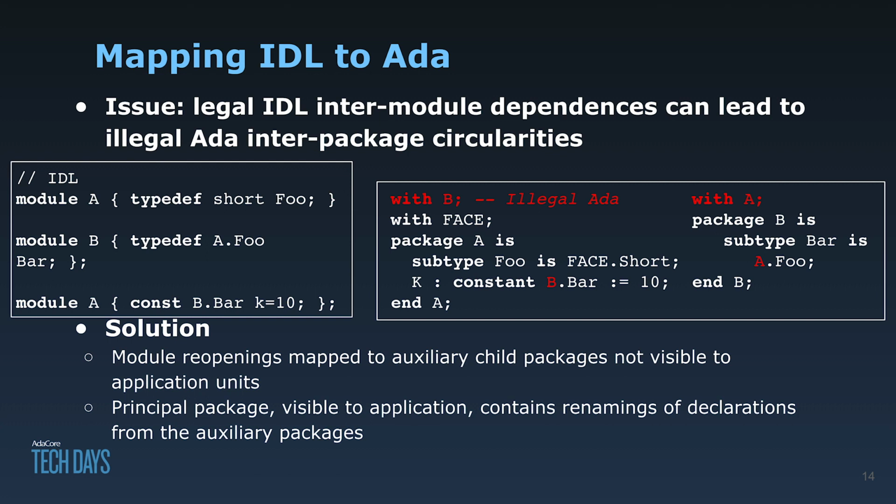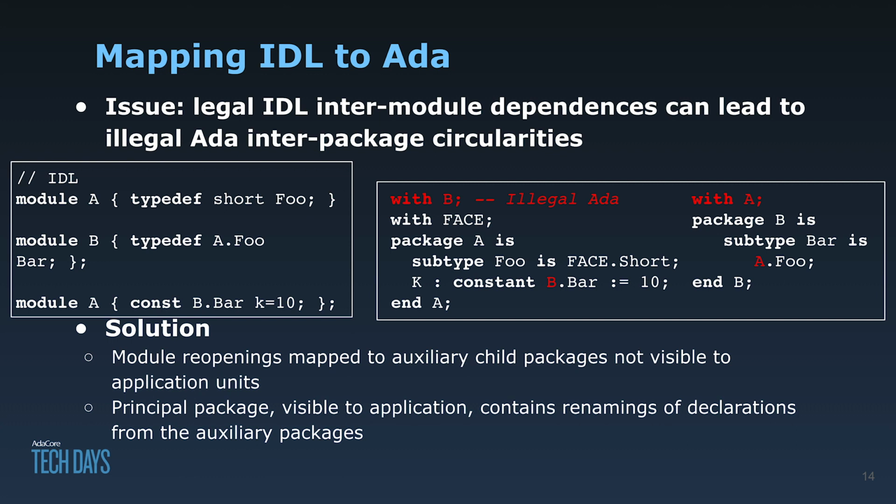and Tuck, Tucker Taft, actually Cyril Comar, one of the founders, and myself did some huddling, and we came up with a nice solution. If you're, say, the IDL module compiler, you can map each one of these modules to a package. A reopened module corresponds to a child package.